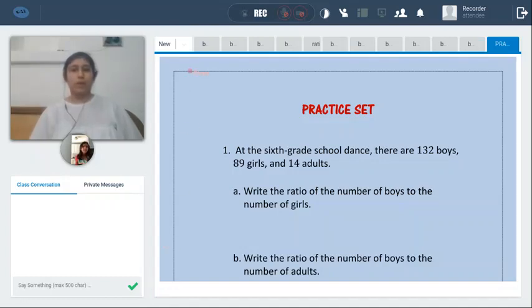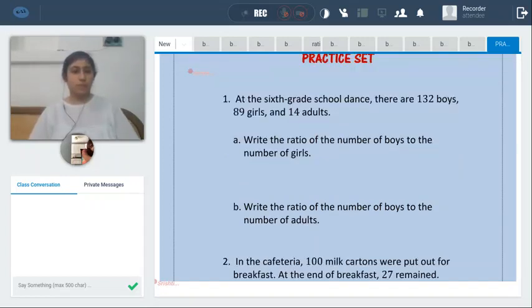Okay, very good. So here, the question is, at the 6th grade school dance, there are 132 boys, 89 girls, and 14 adults. You can take a paper and pen if you want to. You can also write on the board.